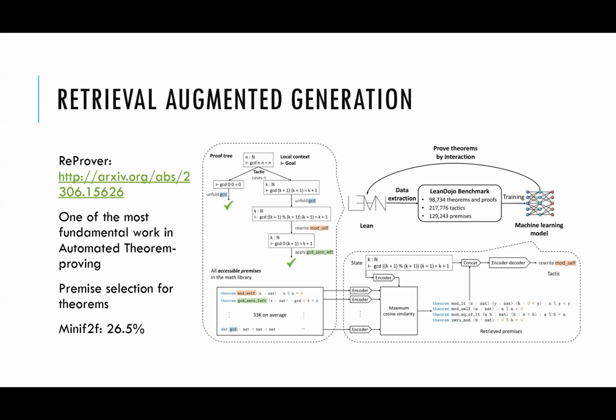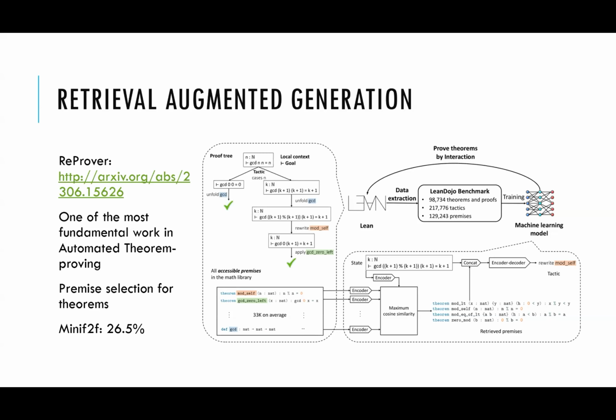So how can we apply this method to Lean? This is very fundamental work on automatic provers, using LLMs to prove Lean theorems, which is called ReProver, a shorthand for retrieval augmented prover. So how does it work? We can see from the graph here.